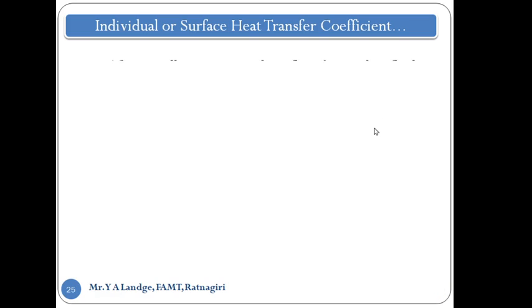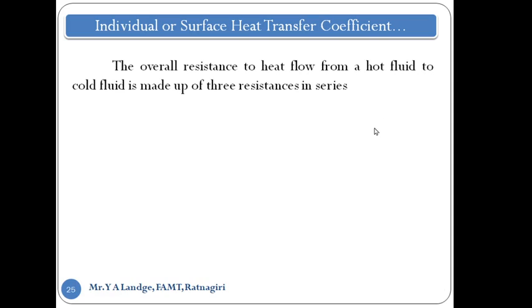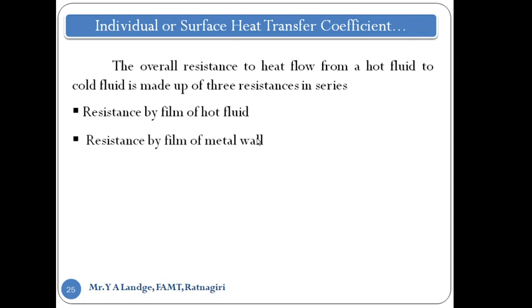So how many resistances are there? There are three resistances: the resistance by the film of the hot fluid, the resistance by the metal wall, and the resistance by the film of the cold fluid.